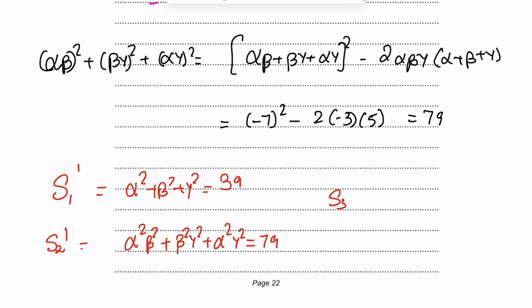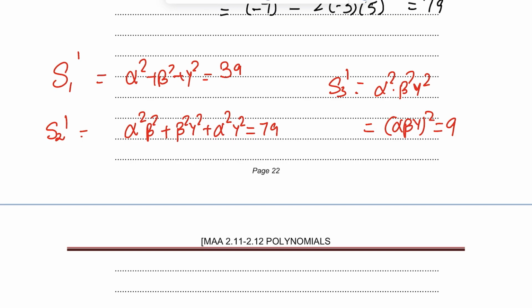Taking three roots at a time will be alpha square times beta square times gamma square, which is alpha beta gamma whole square, which is 9. So the cubic will be x cube minus 39x square plus 79x minus 9 equals 0.